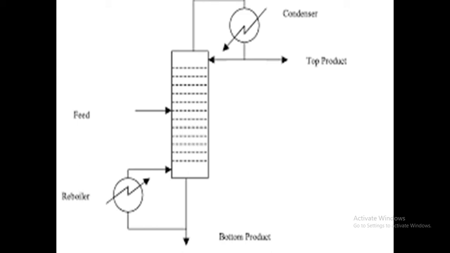What are the advantages of the distillation column? It is an efficient method, low cost, and it can also be reused. What are the limitations? Some unwanted elements may be found in the distillate.